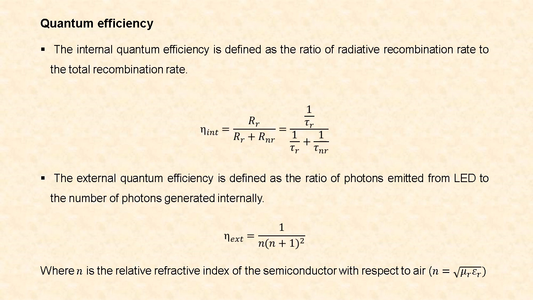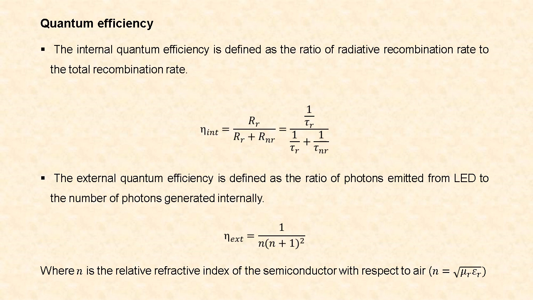Here RR is the radiative recombination rate and RNR is the non-radiative recombination rate. Internal quantum efficiency can also be expressed in terms of lifetime as (1/tau r) divided by (1/tau r plus 1/tau nr). Here tau r is the radiative lifetime and tau nr is the non-radiative lifetime.